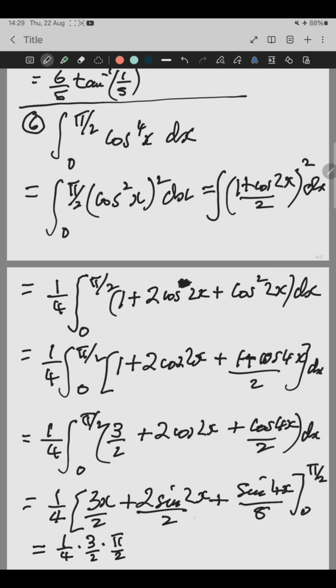This one will become 0, and so will that one. So the sine 2x and the sine 4x terms will vanish with the top limit. And when you put in the bottom limit 0, all the terms vanish. So we're just left with 3 pi over 16, and that completes the sixth integral.